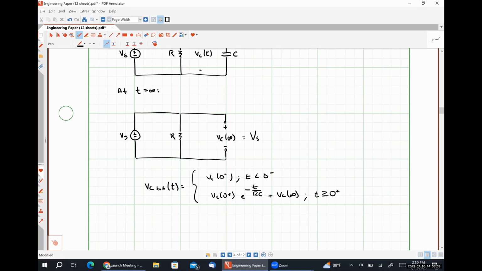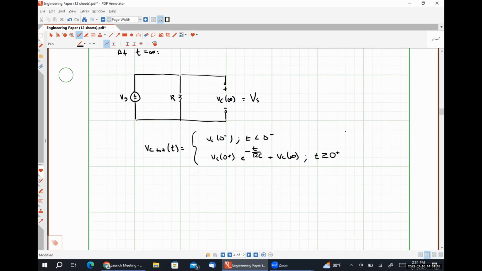So what do we know about capacitors? Okay. The voltage drop across a capacitor cannot change abruptly, which means that whatever voltage it had at 0 minus, it has to have the exact same voltage at 0 plus. So if we looked at this expression at t is equal to 0, we have VC at 0 minus here.